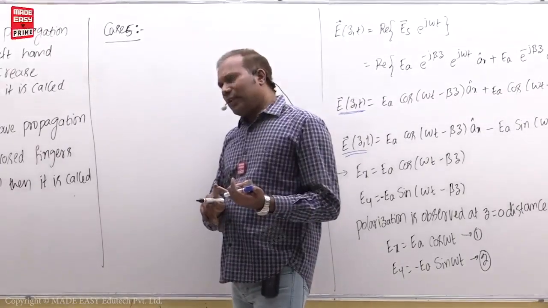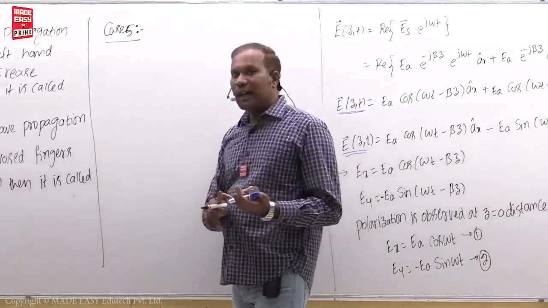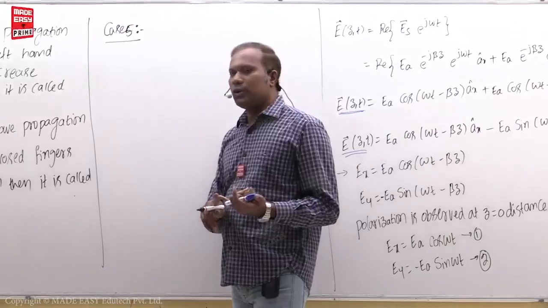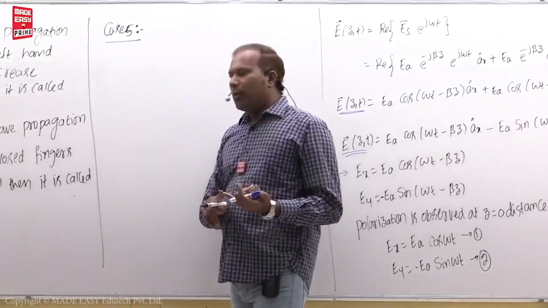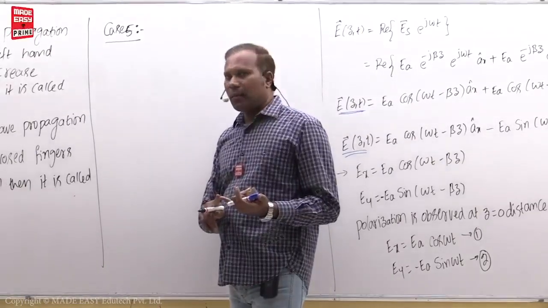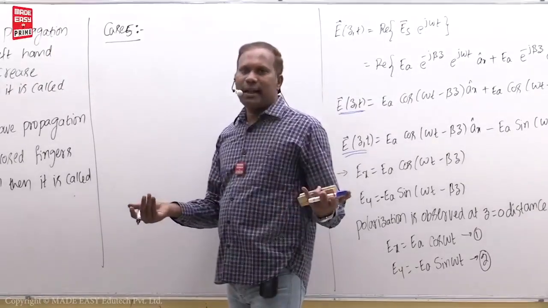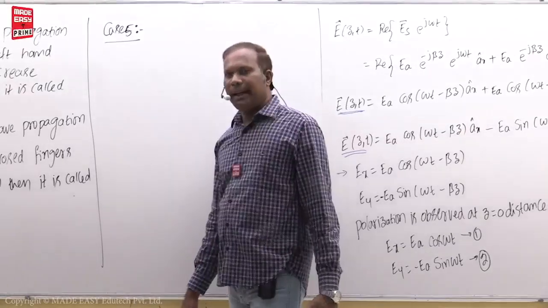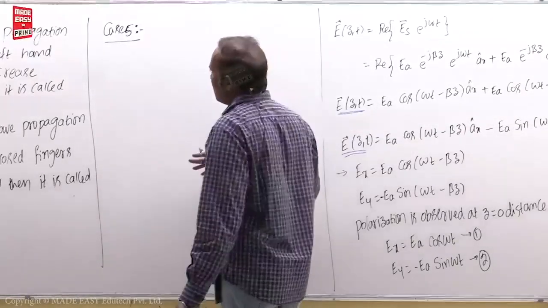If they have the same phase, you tick mark linear polarization. If they don't have the same phase, you check for circular polarization. Circular polarization means both should have the same magnitudes and the phase difference should be 90 degrees. If circular polarization also fails, then no need to check, that is elliptical polarization only. Then in that case, if the second component leads the first component, that is left elliptical polarization. So case 5.